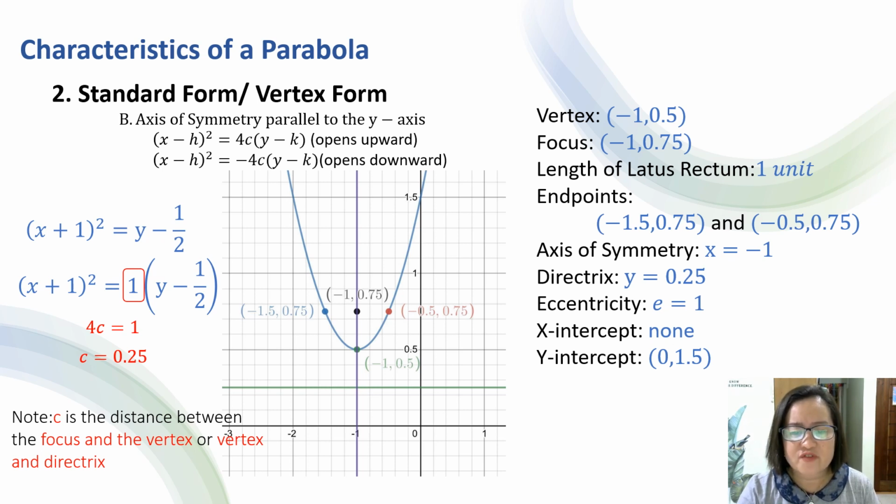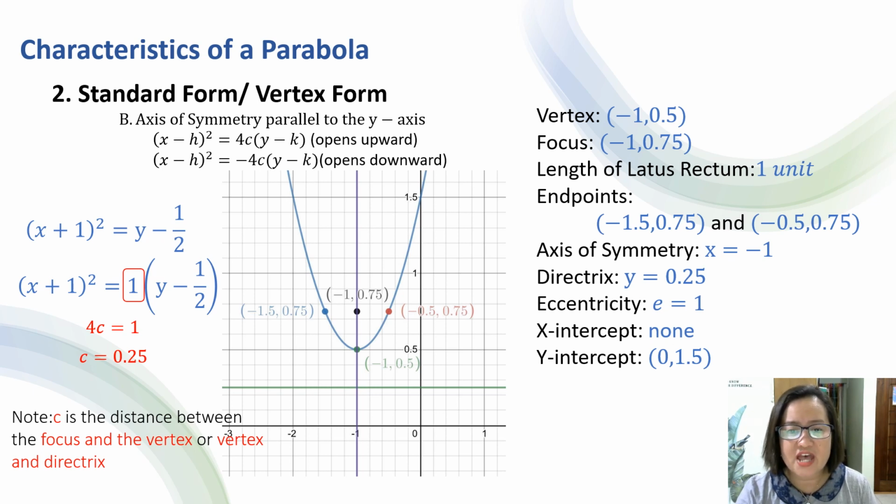Does the graph pass through the x-axis? You're correct. The graph does not pass through the x-axis. Hence, we can say that the graph has no x-intercept.